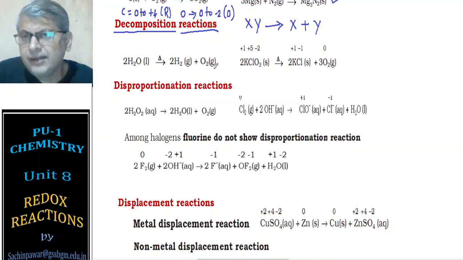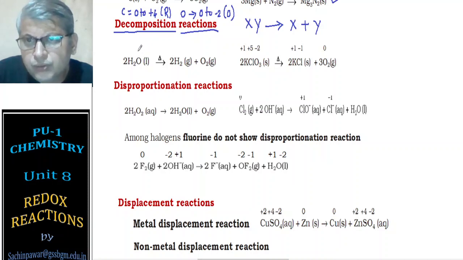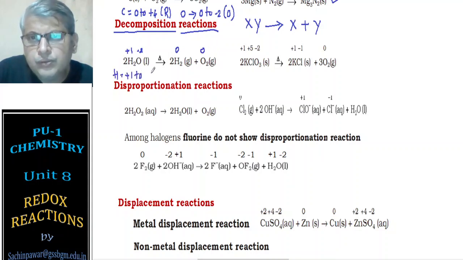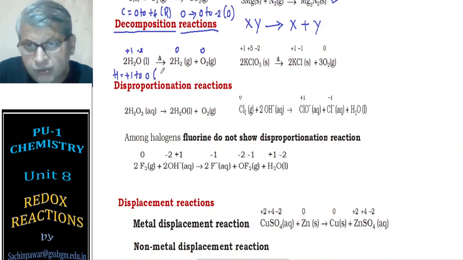Let's see whether it is a redox reaction. Oxygen has oxidation number -2, hydrogen is +1, and in the elemental state both are 0. Hydrogen is changing from +1 to 0, which is a decrease in oxidation number, and oxygen goes from -2 to 0, an increase in oxidation number.